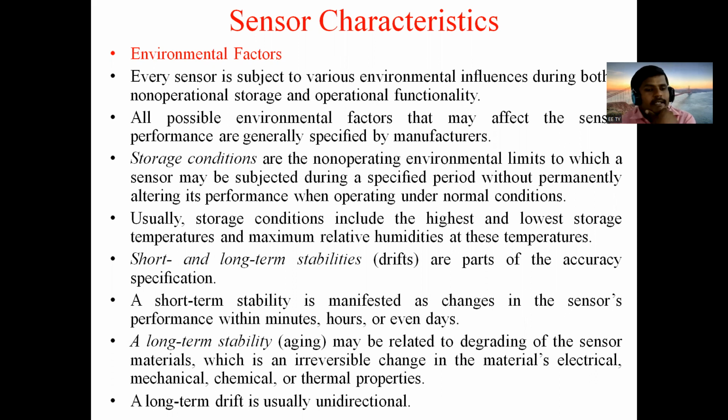Short term stability is manifested as a change in the sensor performance within a minute. See, what is short term stability? It is nothing but a change in sensor performance within a minute, within an hour, or even within one day. Whether the sensor performance stays stable after a minute, after 1 hour, and after 1 day.